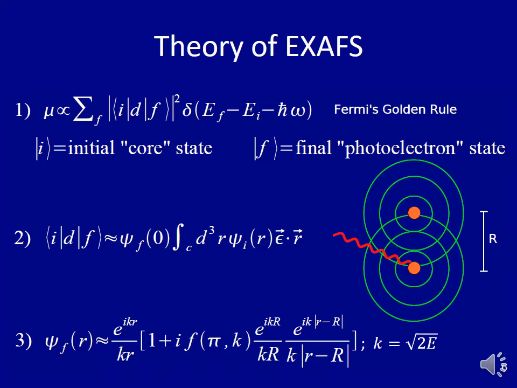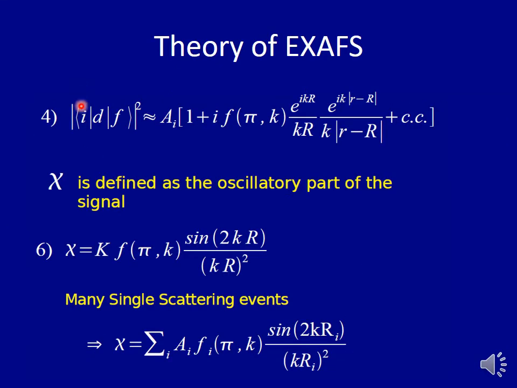So now if you go ahead and write your squared matrix element in terms of these states, you get something that looks like an e to the i kr, and you can define the oscillatory part, or fine structure part, called chi, and you get something that might look familiar to you.